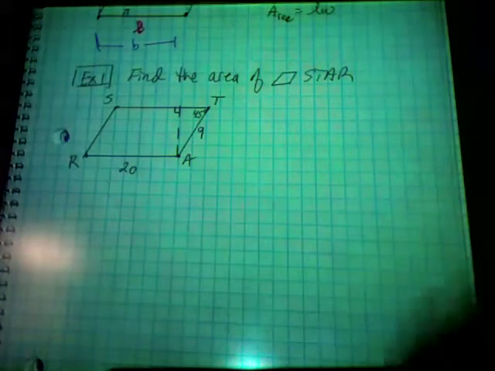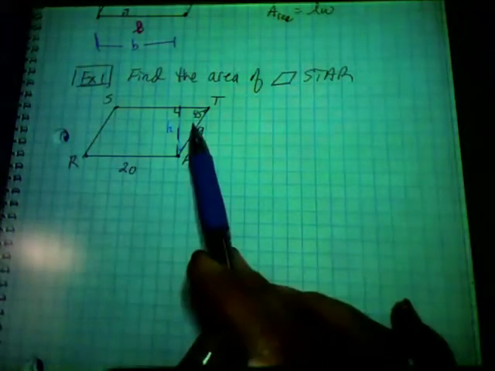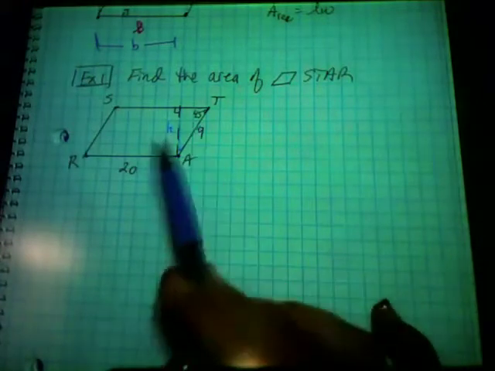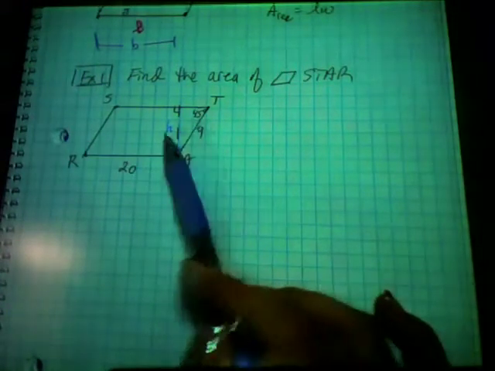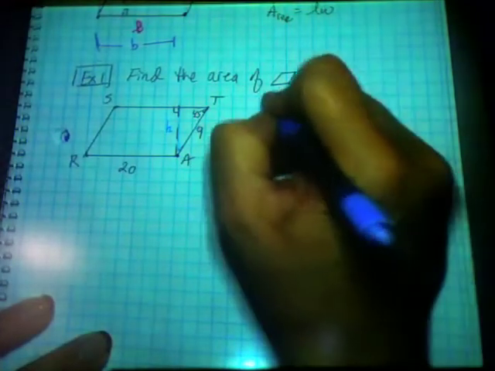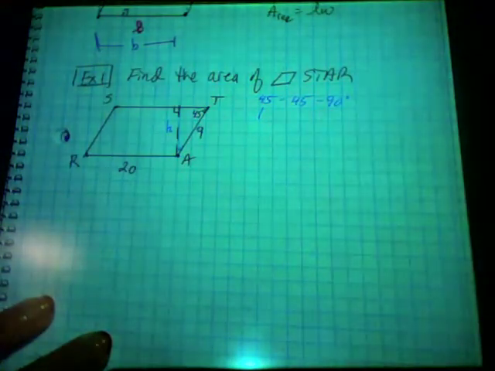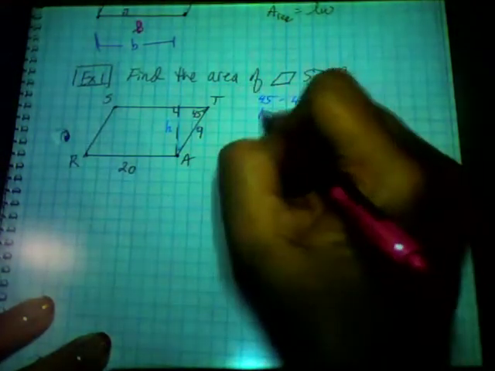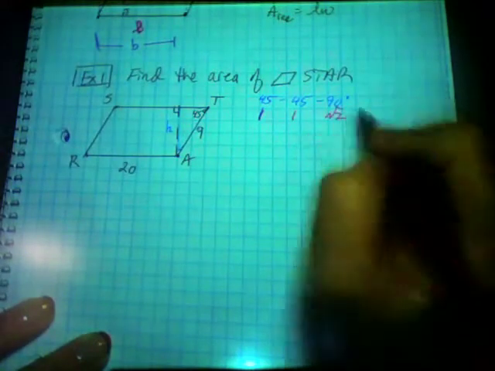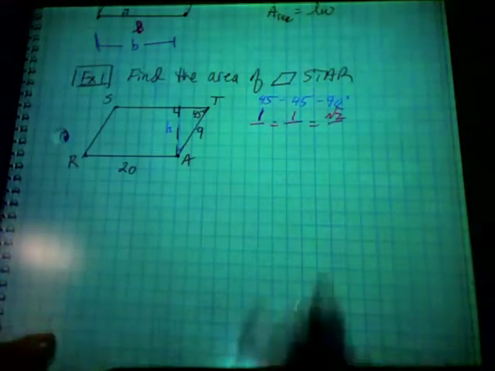If I want to find my height, which is here, can't I use just this right triangle to find my height? Since it's a 45-45, can't I use my knowledge of the pattern for 45-45 and find what's across from this 45-degree angle? So I'm going to go ahead and put over here 45, 45, 90, and then I'm going to put my pattern of 1, 1, rad 2, and then I'm going to make my proportions.